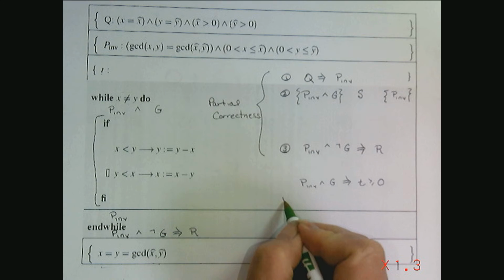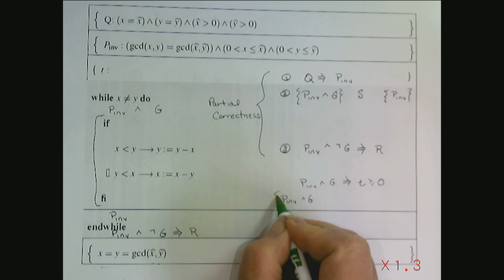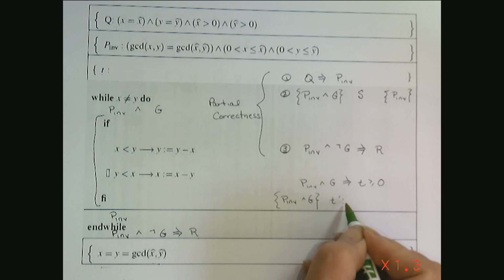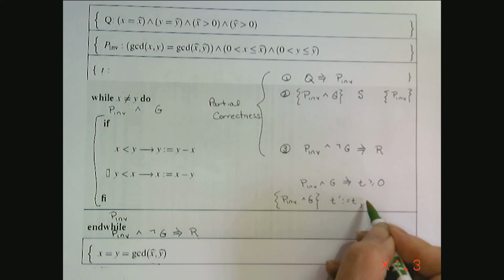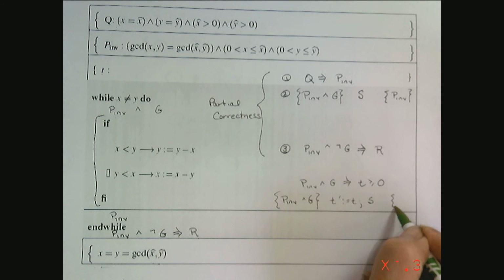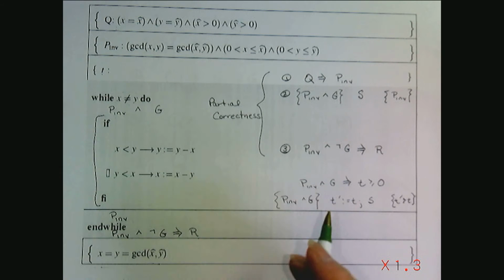And when we iterate, which means the invariant holds and the guard holds, if we made a copy of the bound function value and then we performed the command in the loop, we should end up in a state where the copy is greater than the updated value. So this bound function decreases every iteration. Now, both of these cannot hold at the same time, which means it must have terminated.